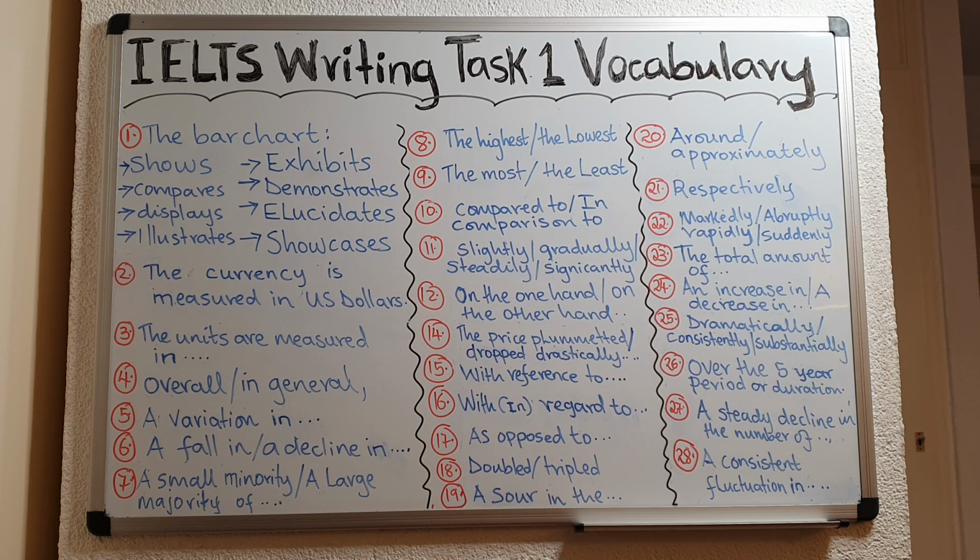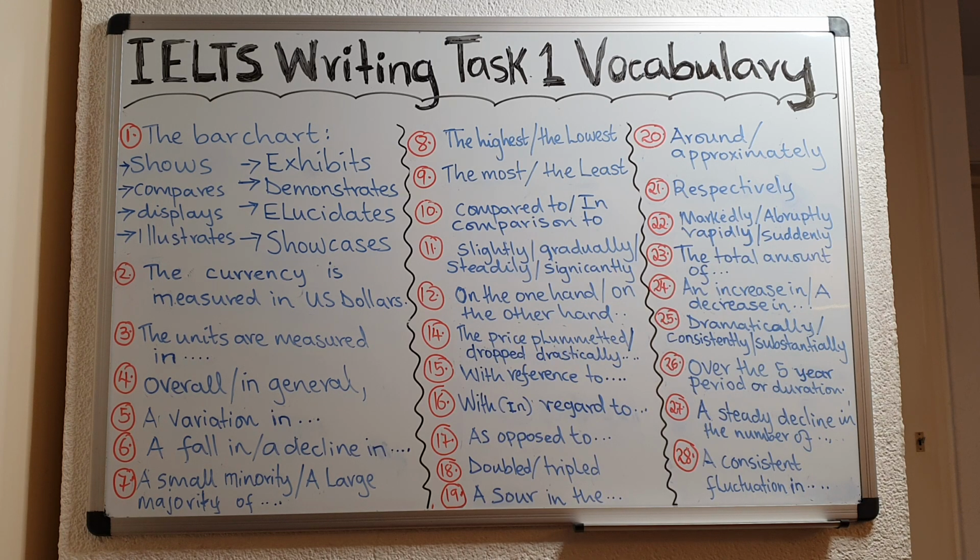For example, you can say, there is a variation in the number of cars that were exported from the United States compared to those that were exported from the United Kingdom.